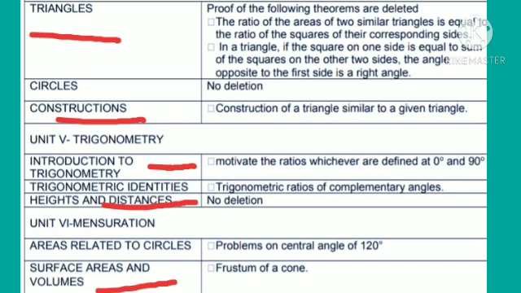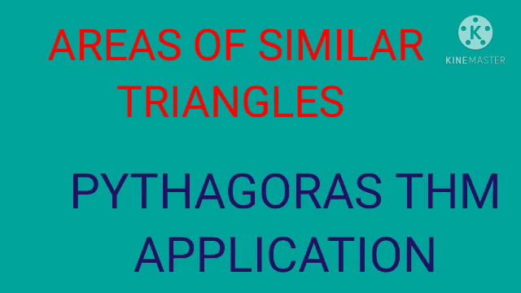So you might know these deleted topics from today's revision. Also students, you need to practice well the very important problems from areas of similar triangles and Pythagoras theorem application problems.